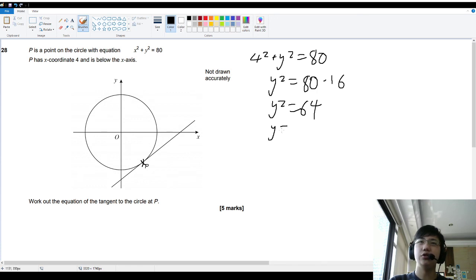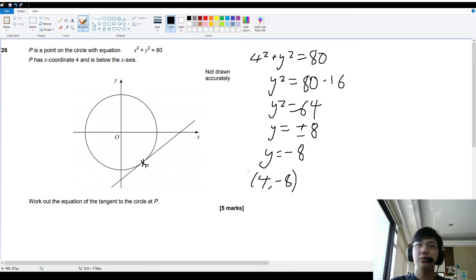So y equals plus or minus 8. Since this point here is below the x-axis, y equals negative 8 instead of positive 8 in this case. So the coordinate is 4, negative 8.